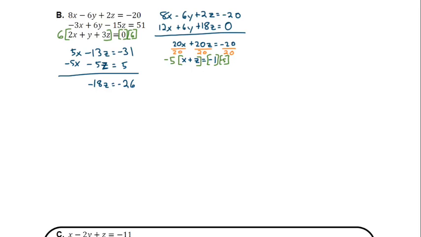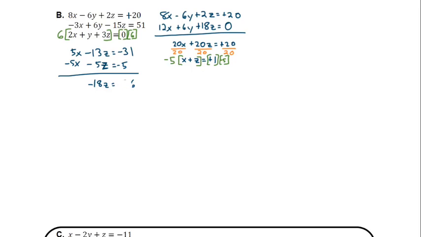In doing this, you may have realized that my version is different than yours. I just realized that there's actually a typo in this. This should be a positive 20 right there, which really only makes a little bit of a difference. That makes this a positive 20, this a positive 20, and this a positive 1. So that when I come over here, it makes this a negative 5.